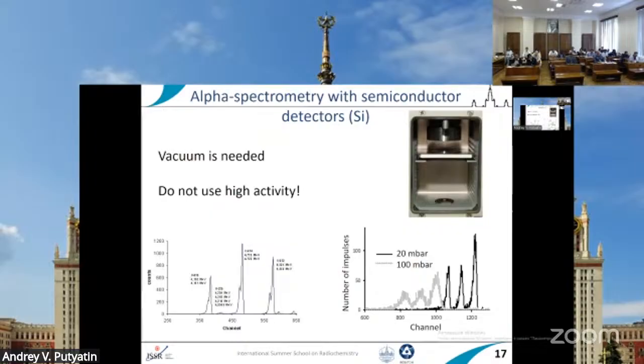The air will make the detection very hard. So we make a vacuum inside the chamber and measure our spectrum. Sometimes we use not a very low pressure inside, but some higher pressure to avoid the interaction of recoil nuclei with the detector.